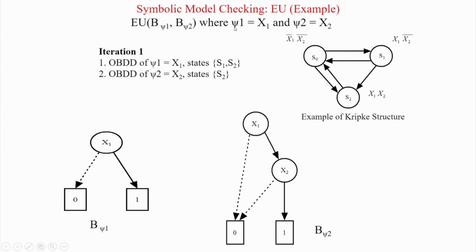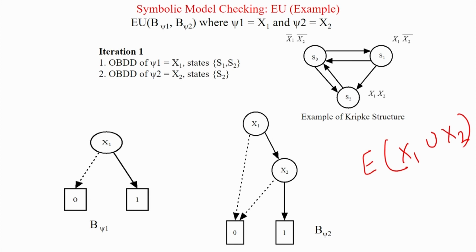Now, what are we going to say? Here we are going to check EU, there exists a path where psi 1 is equal to x1 and psi 2 is equal to x2. That means we are going to find there exists a path where x1 until x2 holds.